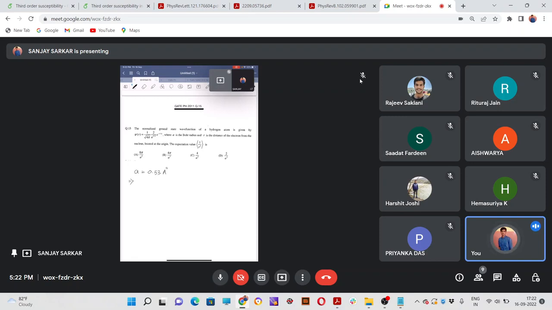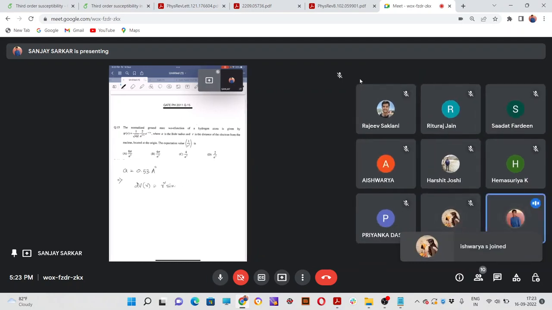The volume element I am going to use is r square sin theta dr d theta d phi. So let me know when you get the answer.